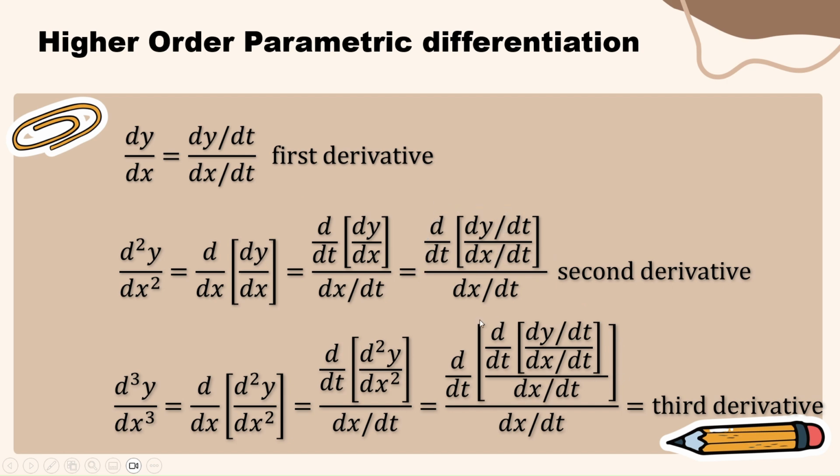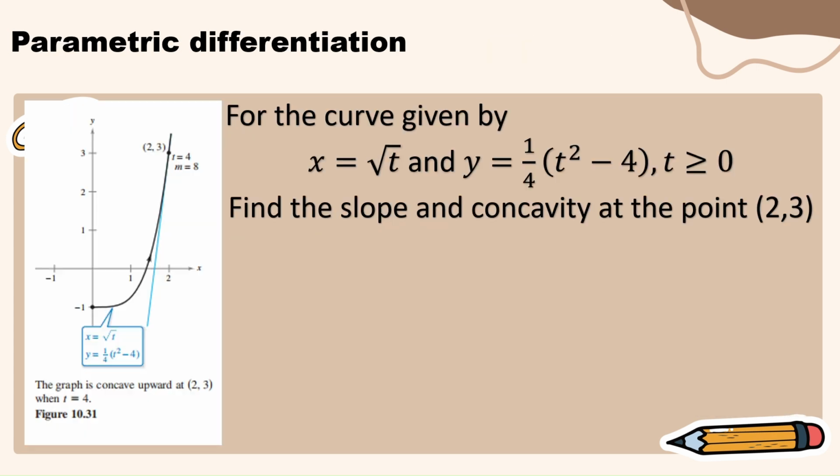Then, the numerator of the third derivative is the derivative of the second derivative with respect to time. So, kung may fourth derivative pa tayo, the numerator of the fourth derivative should be the derivative of the third derivative, and that should be divided by dx over dt. So, I hope na nasusundan siya. Yung process ng parametric differentiation.